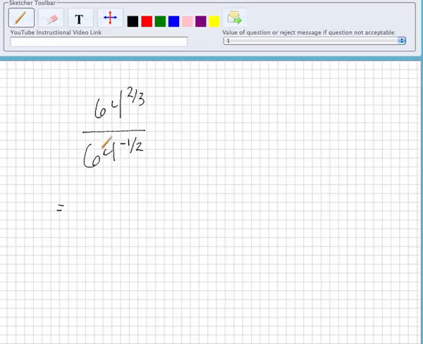So instead of being in the denominator, this guy belongs in the numerator. So let's go ahead and put him there. Instead of 64 to the 2/3 divided by 64 to the negative 1/2, I have 64 to the 2/3 times 64 to the 1/2.